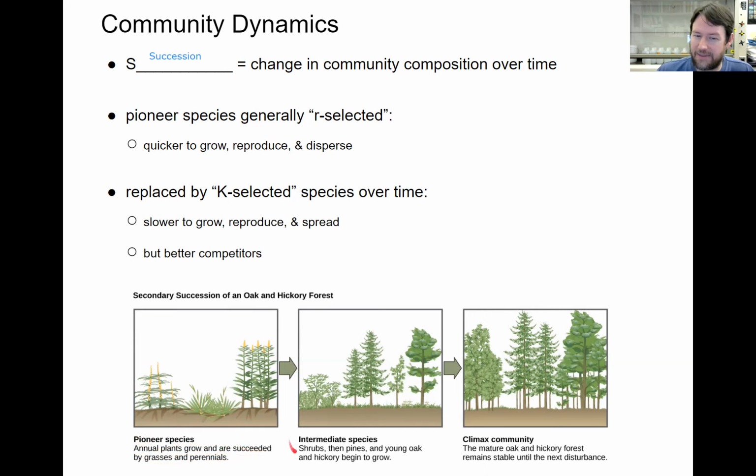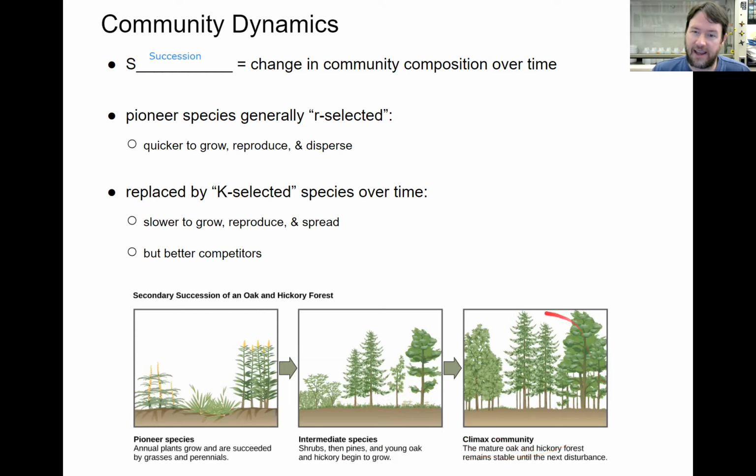Then those get replaced by the intermediate species, shrubs, pines, young oak and hickory trees, but those young oak and hickories are still kind of having to compete a little bit with the intermediate species, and maybe they don't grow quite as fast, but they grow slowly, and over time, they will become the climax community of oak and hickory.